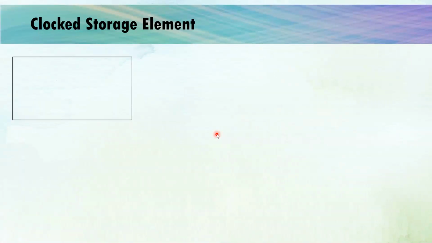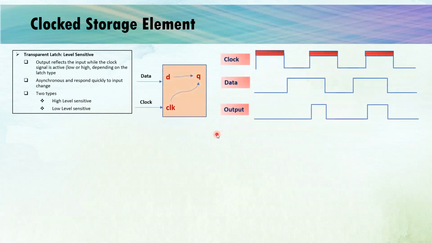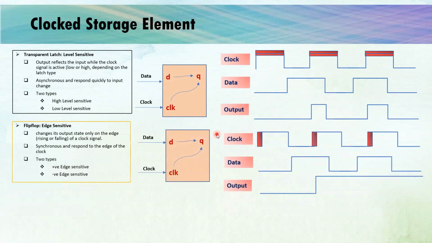There are basically two types of clock storage element that most of you already know. One is the level sensitive or transparent latch, and the other one is the flip flop, which is edge sensitive.